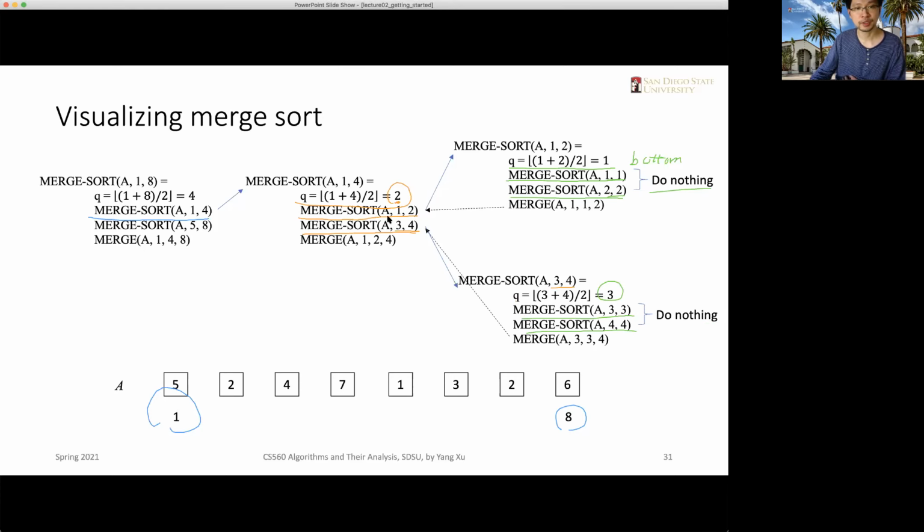After these 2 merge sorts are done, merge will be executed and return to the first recursive call. I need to use the blue color. As you see here, I'm using different colors to indicate different depths of recursive calls.